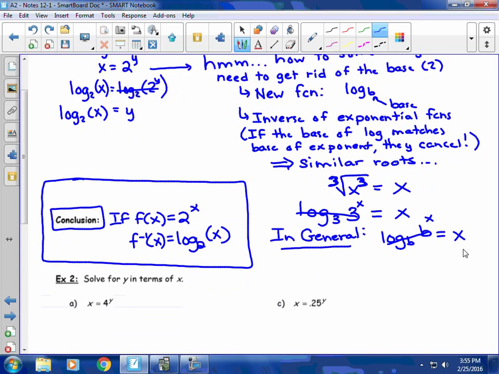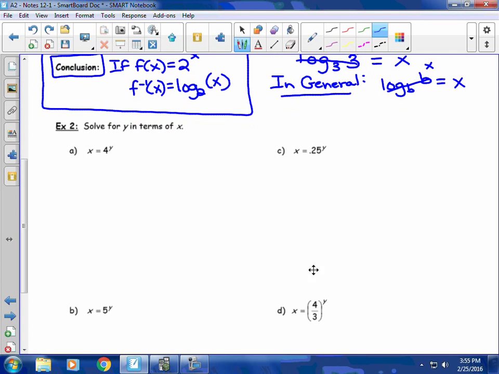Okay, come down here. Here's example 2. Solve for y in terms of x. So you want to get y alone, and your answer is going to have x in it. So to get y alone here, I've got to get rid of this 4. What could I do to both sides? I would get rid of this base of 4. Hopefully you're all screaming, take log base 4. So log base 4 of x equals log base 4 of 4 to the y.